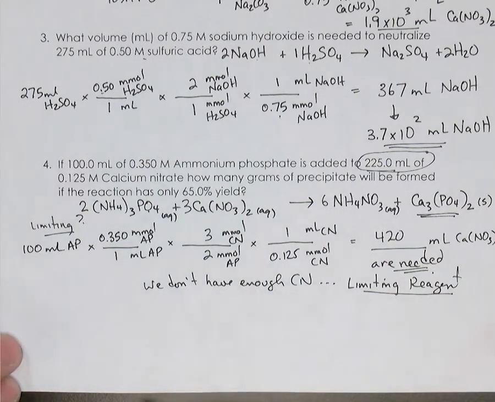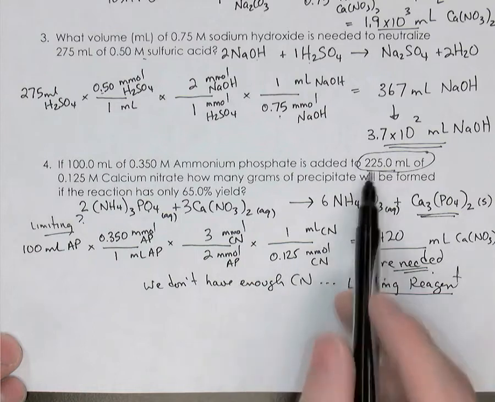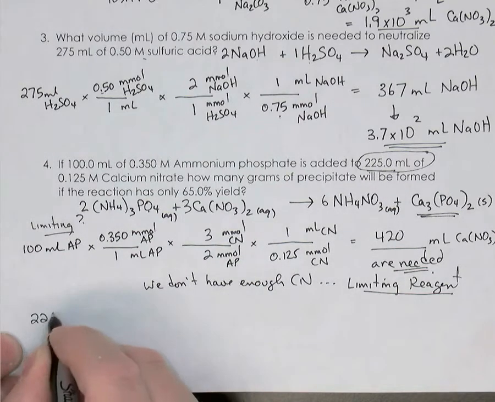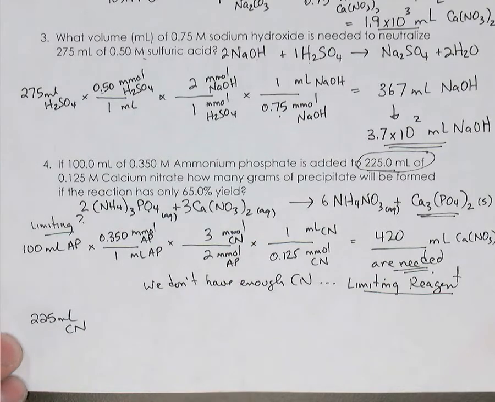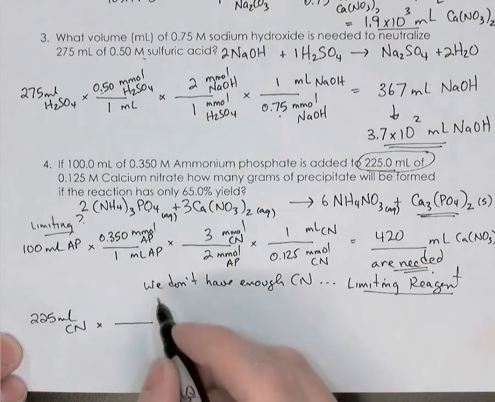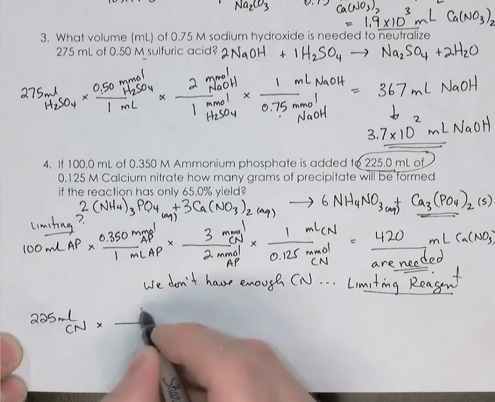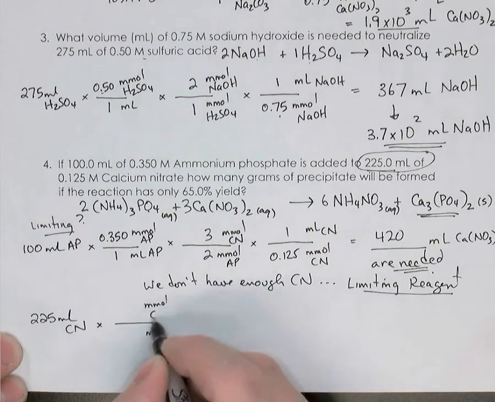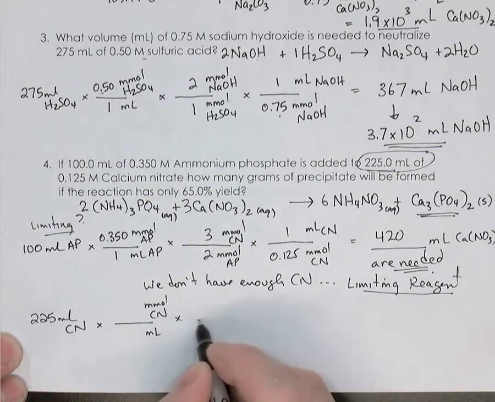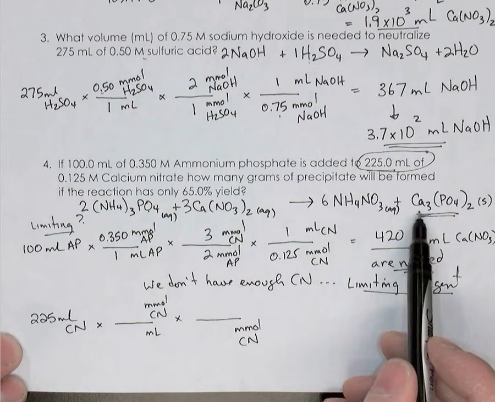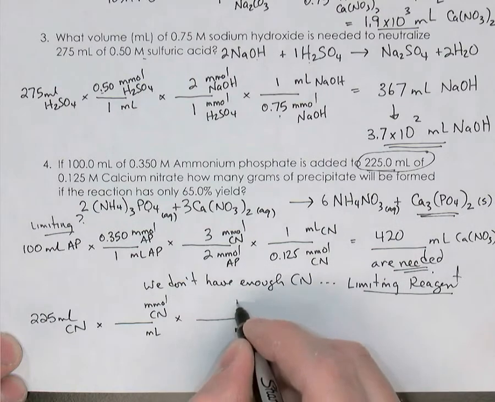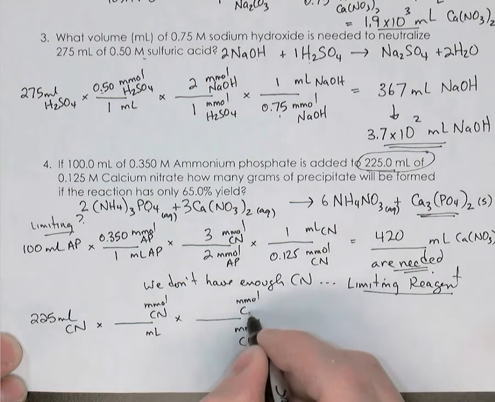So I'm going to take the 225 milliliters of calcium nitrate that we have, and we're going to use its concentration, which was again 0.125, to switch the milliliters to millimoles of calcium nitrate. Then, using the stoichiometry of the balanced equation, we can convert millimoles of calcium nitrate to millimoles of the precipitate, millimoles of calcium phosphate.